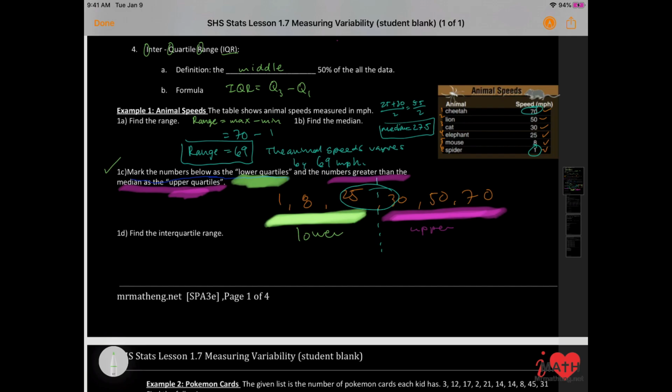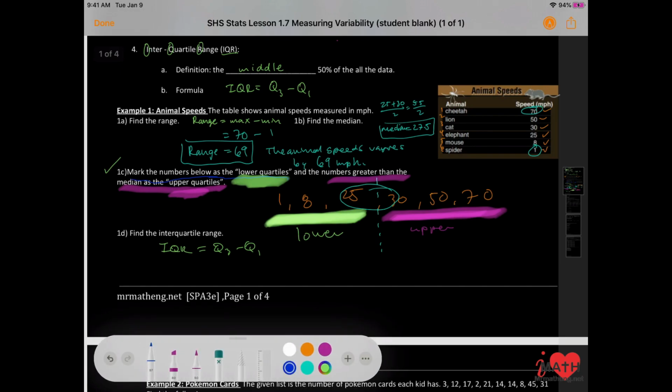And then find the interquartile range. So that again is the IQR. That's going to be Q3 minus Q1. Okay, let's find the median of the median. So I'm looking at the lower half, the lower quartiles, and I basically need to find the median of that.